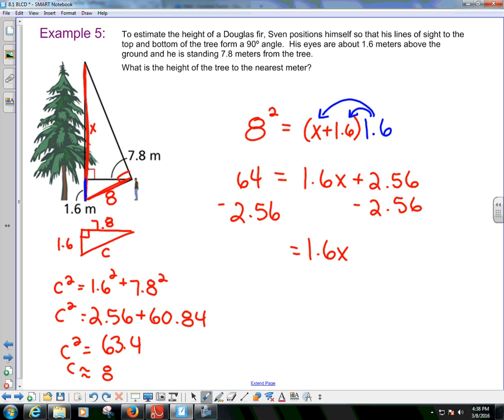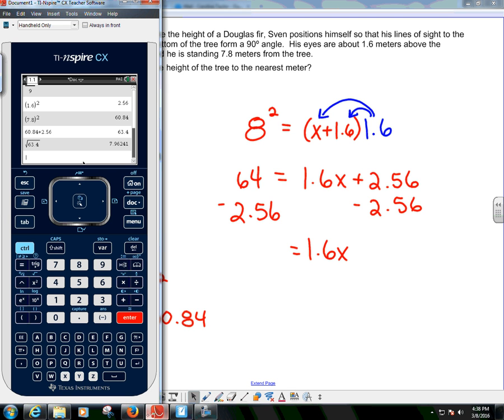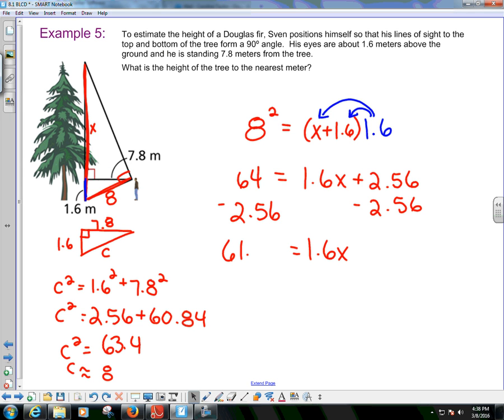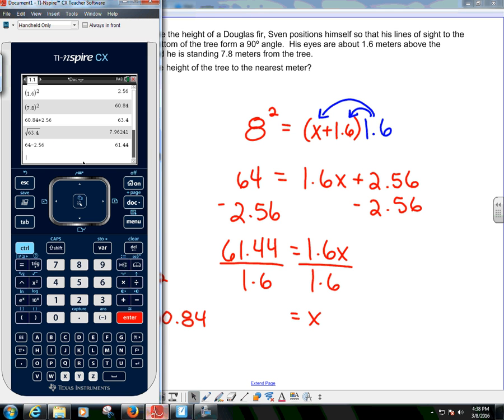I don't know what 64 minus 2.56 is, so I'm going to come back over to my calculator. 64 minus 2.56 gives me 61.44. I need to divide both sides by 1.6, and x equals, all right, back to my calculator. I'm going to divide by 1.6, and that's going to give me 38.4.